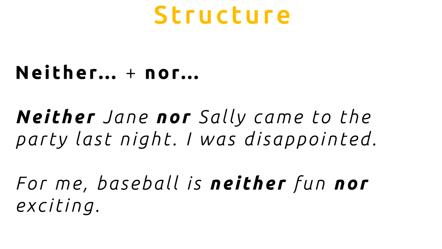Neither Jane nor Sally came to the party last night. I was disappointed. So this means Jane and Sally didn't come to the party. So remember, it's negative. So neither means they didn't come. Nor is basically the negative version of or.